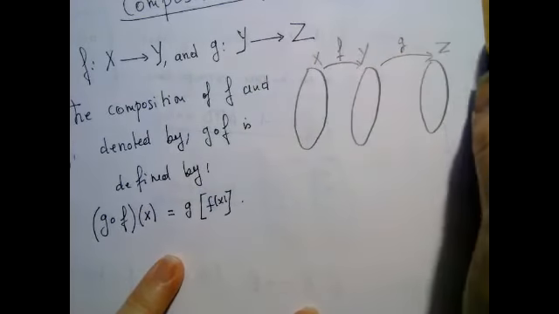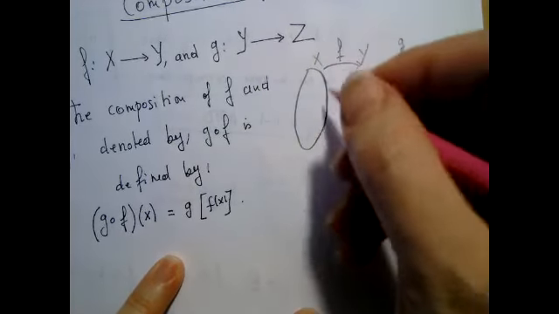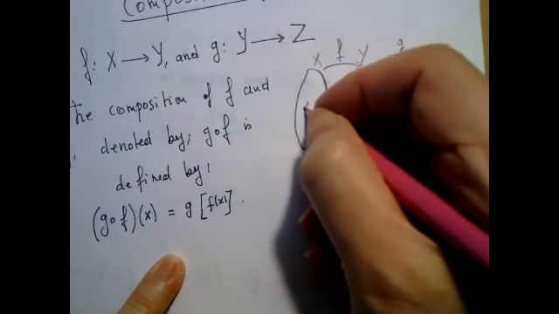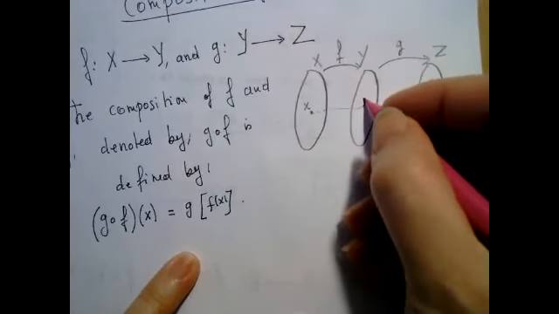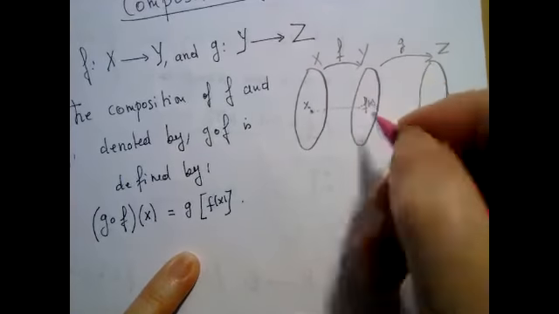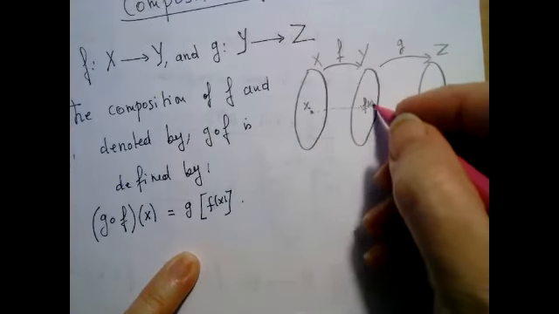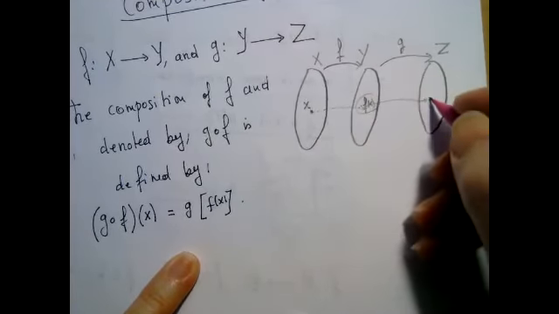It means that's a new function. Okay, we have two functions. Composition is a new function. How is it defined? We take an element in here, basically. We find what f does to it, and then we see what g does to f of x.